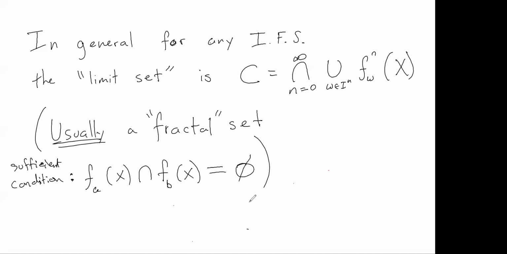Any questions? So it's a fractal subset of x, which doesn't have to be 0, 1. In the example, it was 0, 1, but we'll look at some other example.